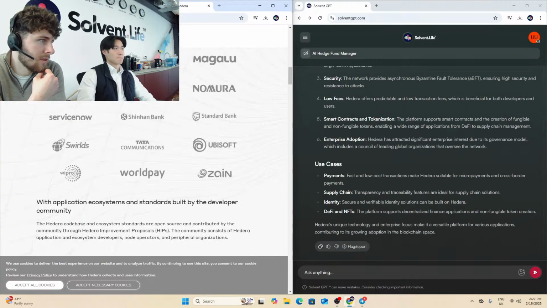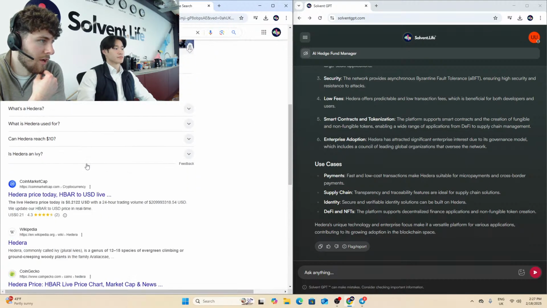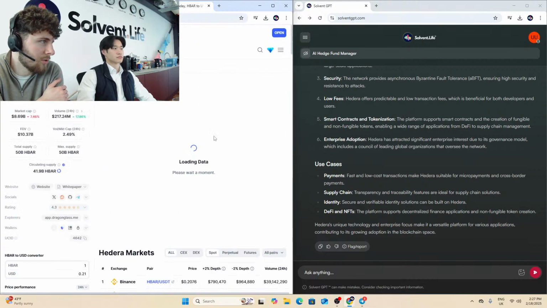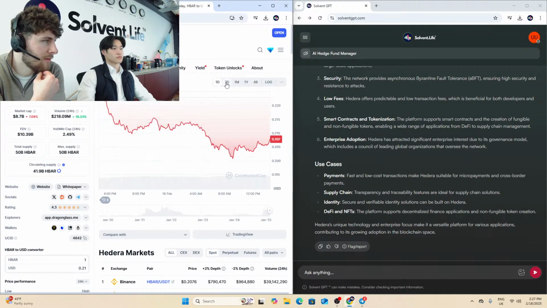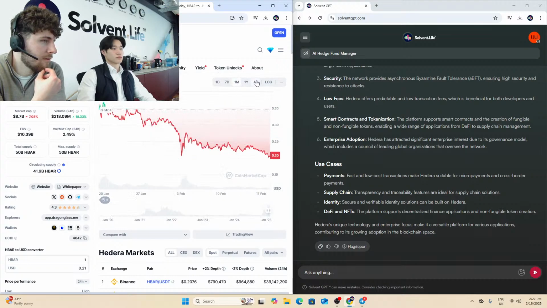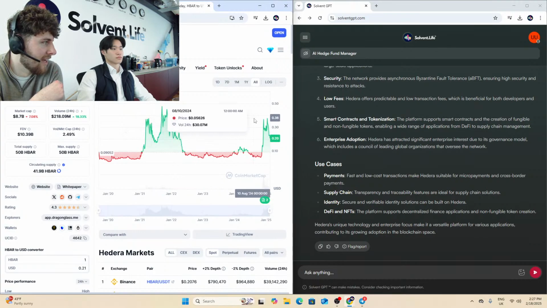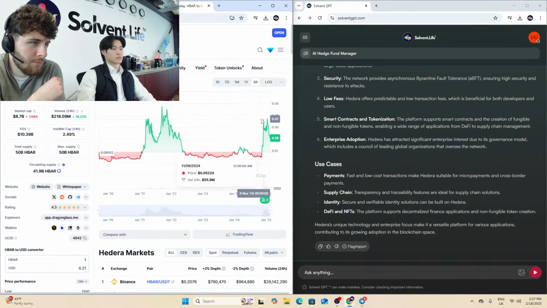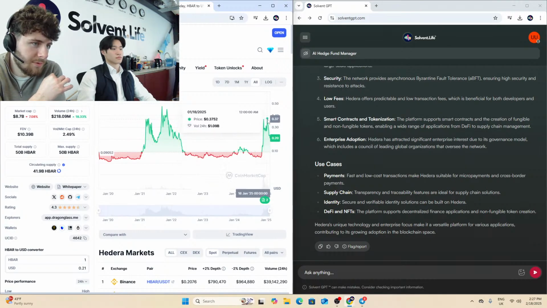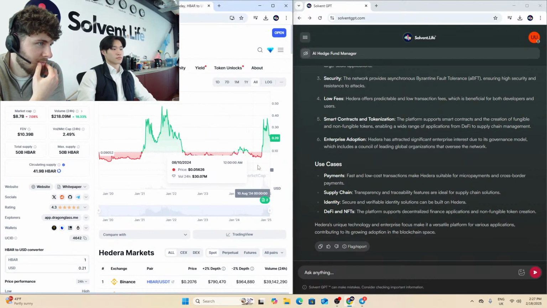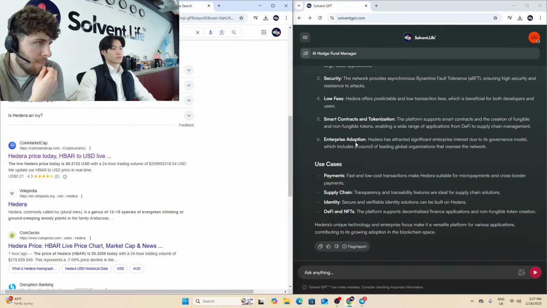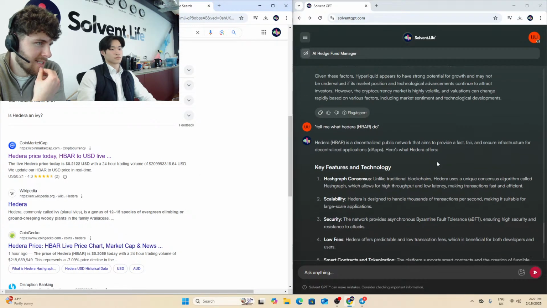Amazing. I think they're even part of Karate Combat. And the final one was decentralized finance and NFTs. The platform supports decentralized finance applications and non-fungible token creation. Fantastic. That's currently at around 20 cents.